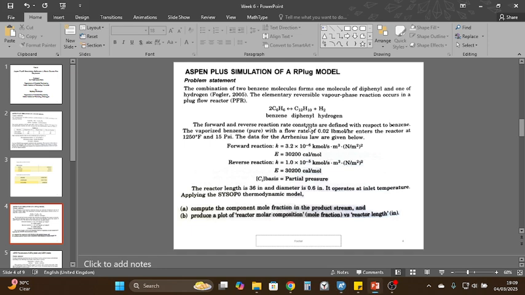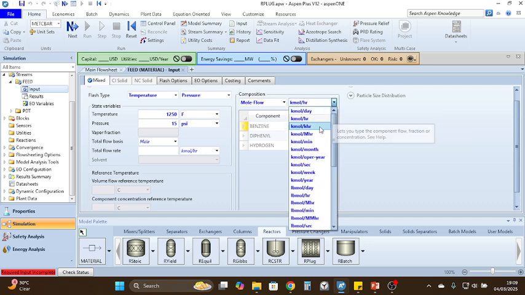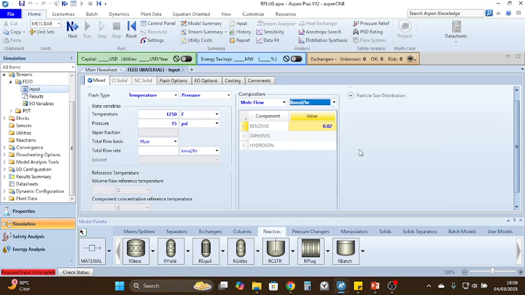And the mole flow is 0.02 pound mole per hour. Okay. Now we are clicking on next.